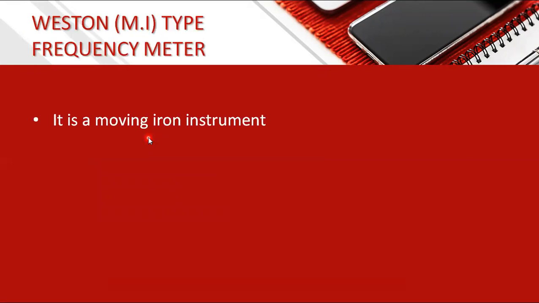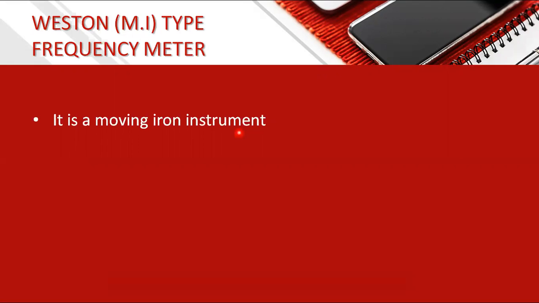Now we will see what is this Western type frequency meter, to which category it comes to. It is a moving iron instrument. We have already seen about a moving iron instrument in my previous video lectures. So we have seen that there will be an iron piece moving. That means moving system comprises of an iron piece, and then you will be having coil stationary.